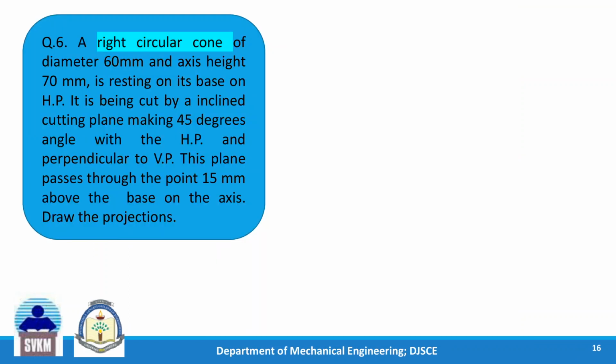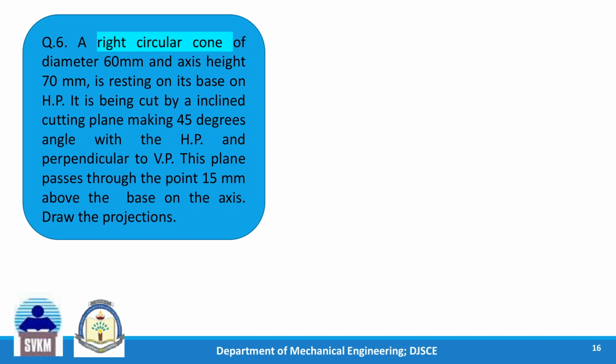Now let us see this one. A right circular cone of diameter 60 mm and axis height 70 mm is resting on its base on HP. It is being cut by an inclined cutting plane making a 45-degree angle with the HP. Now the solid is a cone resting on its base on HP, and the cutting plane is an inclined cutting plane making a 45-degree angle with the HP and perpendicular to the VP.